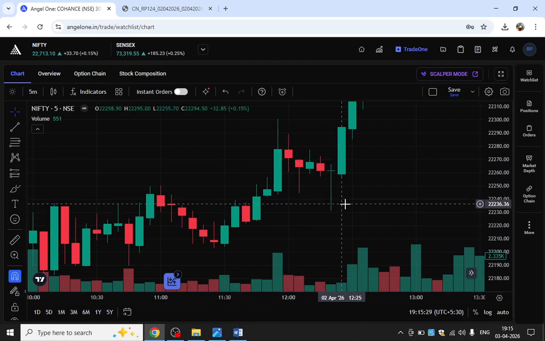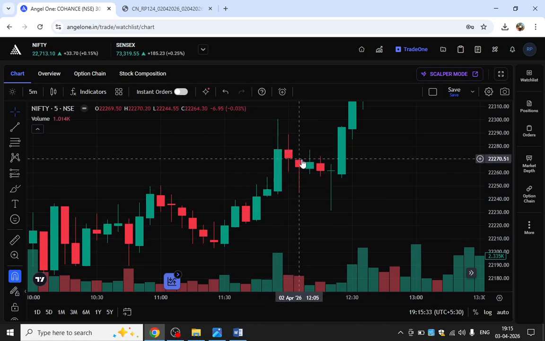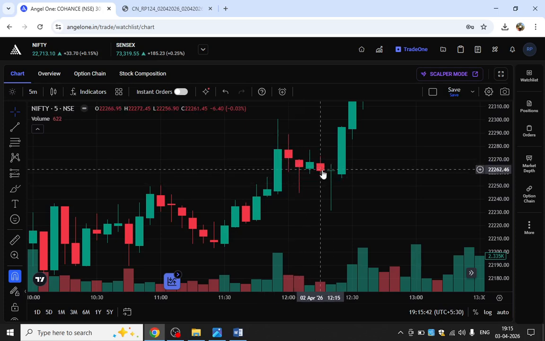As you can see, now let's discuss this. This is the breakout point. This is the pullback. This is an H1 PE setup, but I didn't take the PE setup because this was a red bar. So I waited for a second bar, and this is the bar.